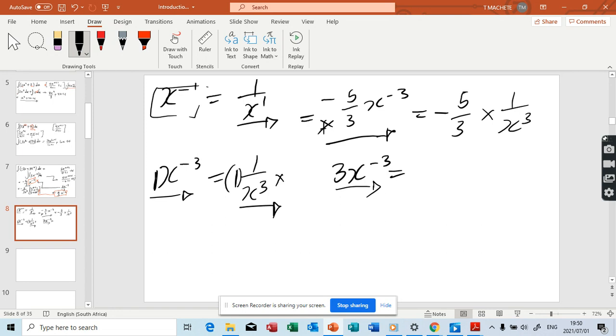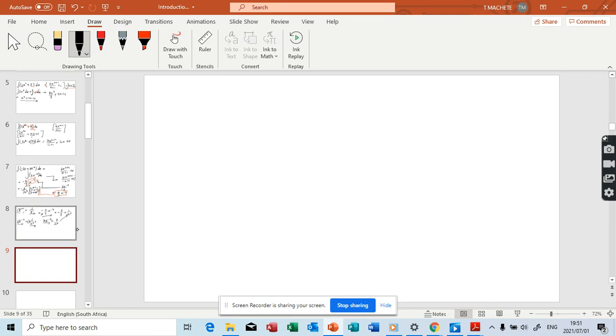What's the answer? Give me the answer. Thank you. 3 over x cubed. So there's no difference between these two. That's your answer, guys.